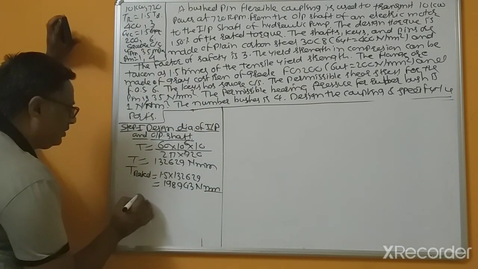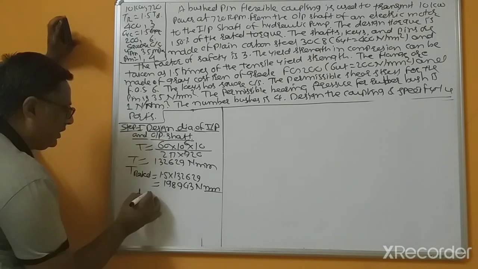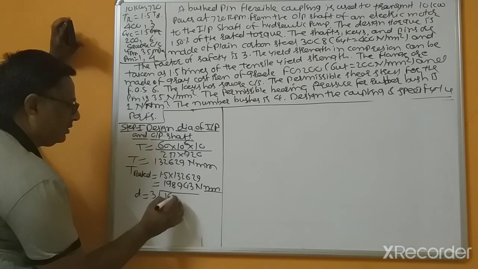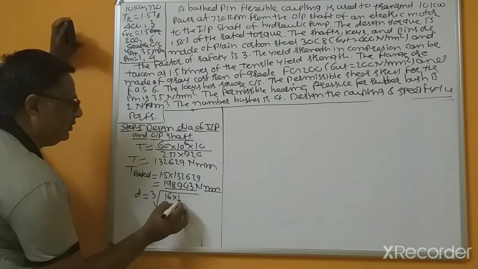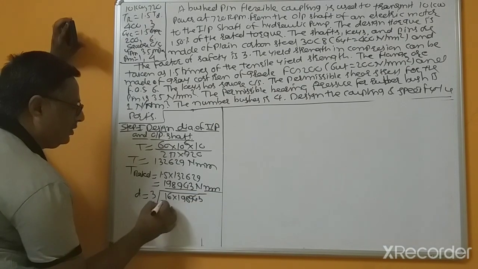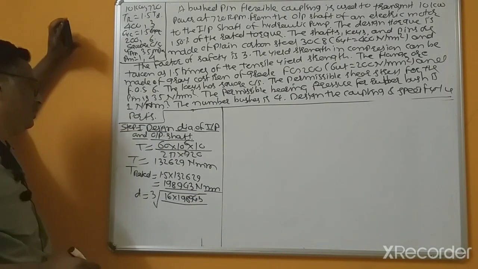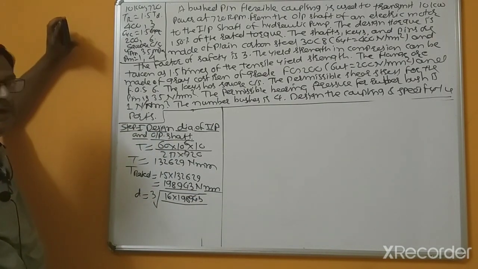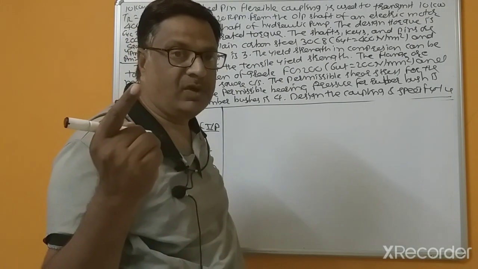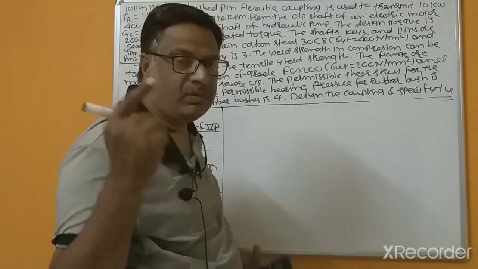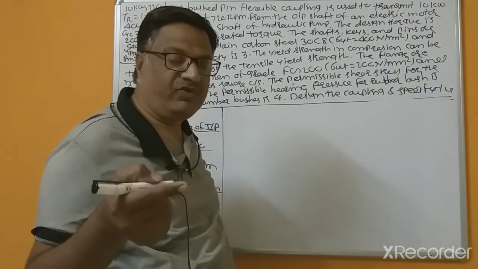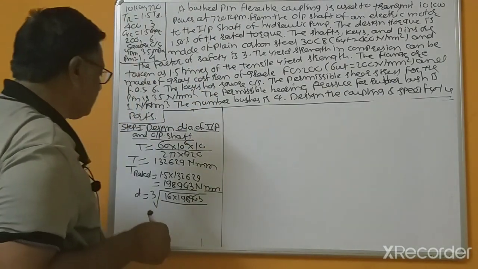D is the diameter of shaft. Directly I am taking this value: D equal to cube root of 16T divided by pi tau. Purposefully I am directly taking this. I can write the formula here, but I am not writing it because you are now familiar with the design procedures.